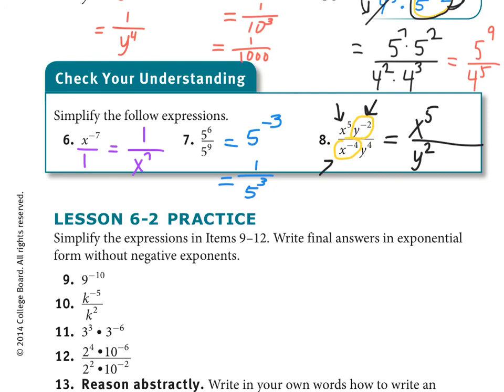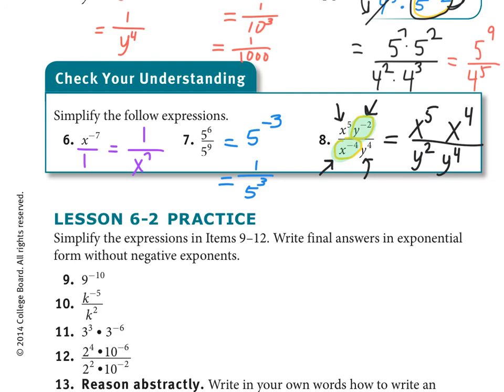This x to the negative 4th, its exponent's negative, so it needs to go to the top and become positive. That's like doing the reciprocal. And then y to the 4th was good where it was because it was a positive exponent. So all I did was move the negative exponent terms. Those are the ones we did reciprocals for.